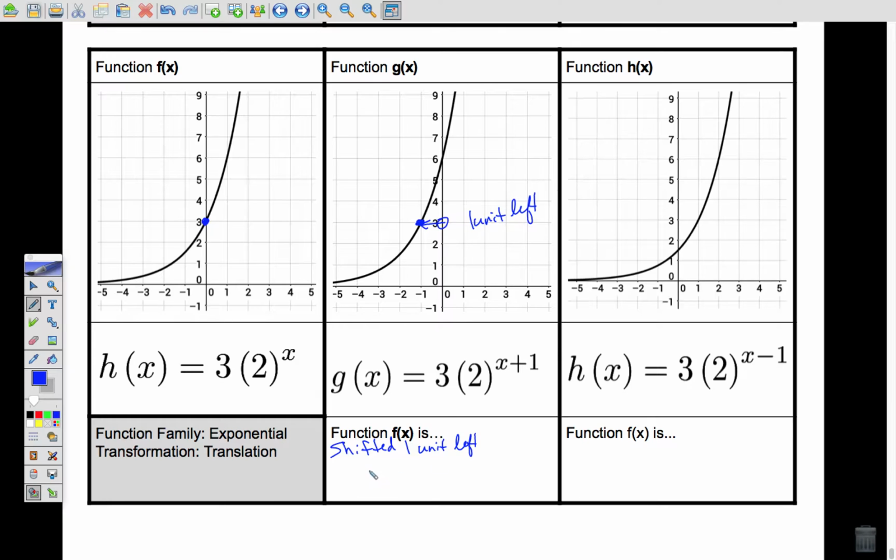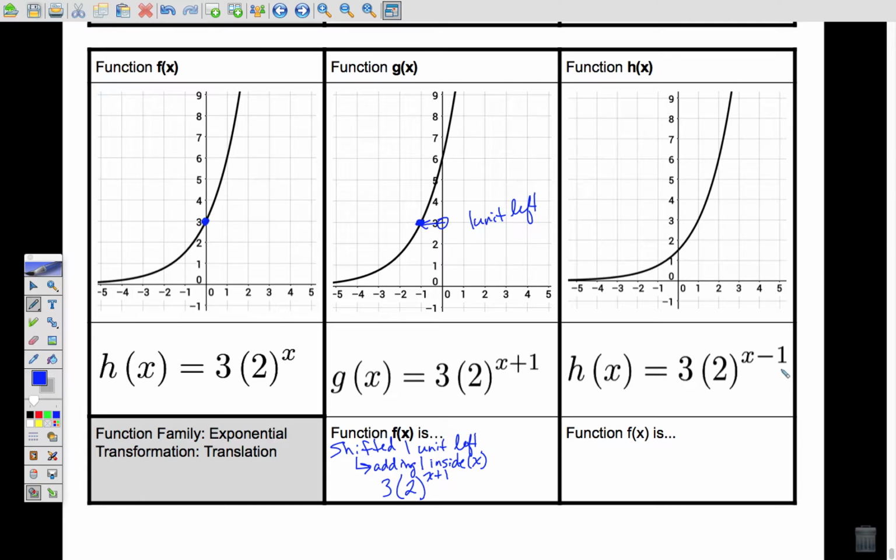So if we want to move left, that is going to be adding 1 inside the x parentheses. And so it's not really here, but that is the before the operation. So we take our parent function 3 times 2 to the x, and we have to do it to the exponent, not after. So that's why it's the add 1 up here.